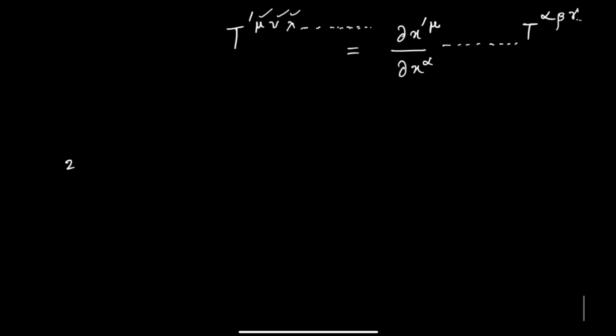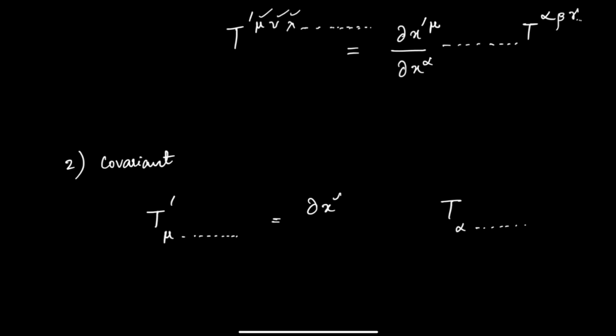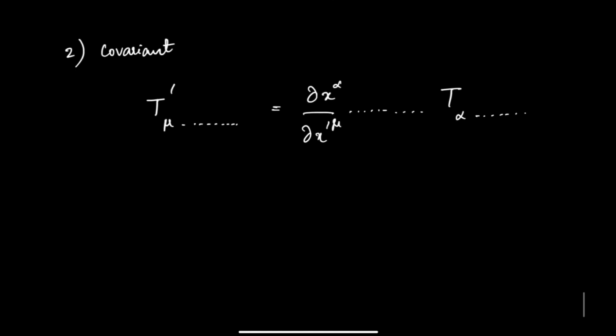Similarly, for the covariant case, I can write T prime mu, then etc., and T alpha, etc., partial derivative of x alpha with respect to x prime mu and etc. So for each index you have to write the transformation. So these are higher order.